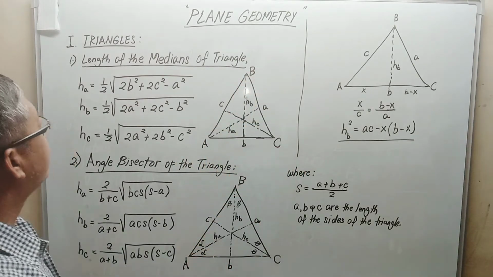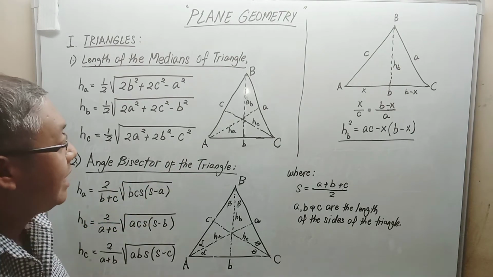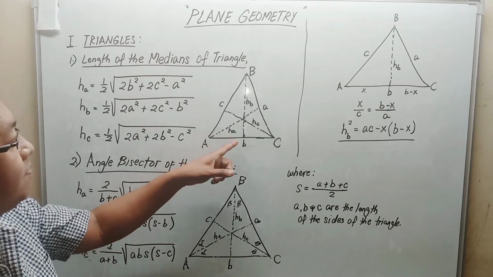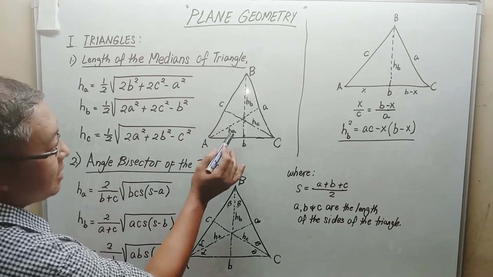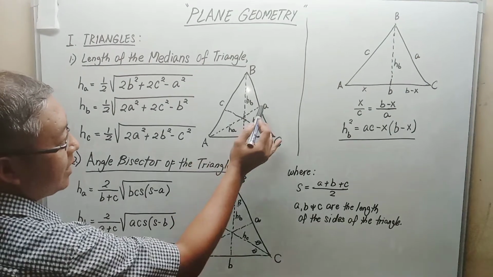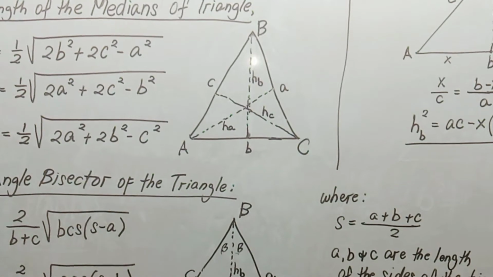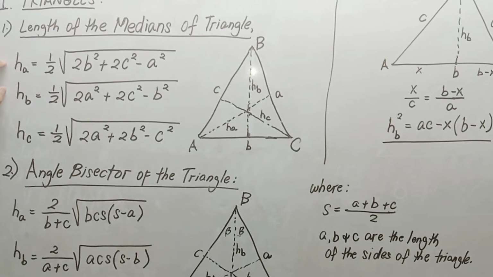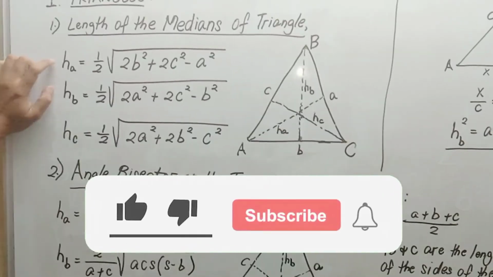So first I want to show you how to calculate the length of the median h sub a, for this particular triangle. So I have here some equation regarding medians of triangles on how to solve the length.